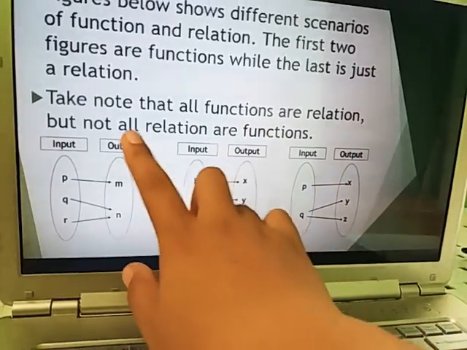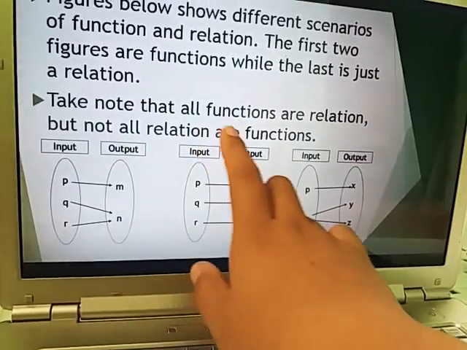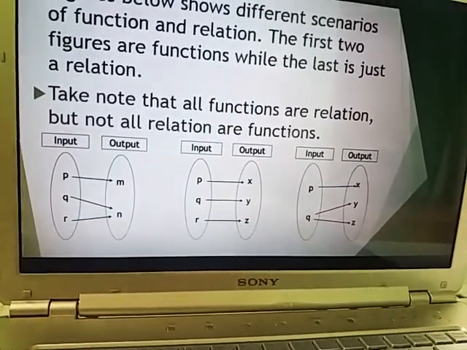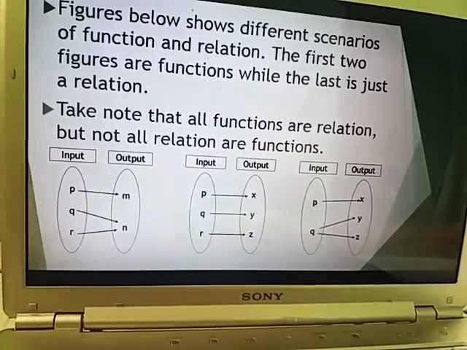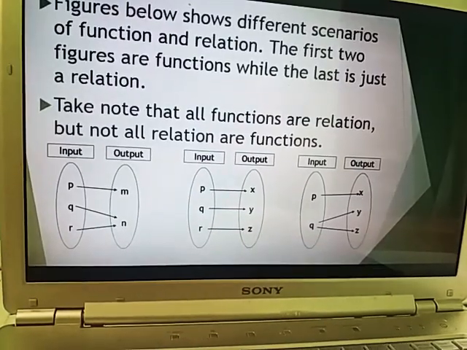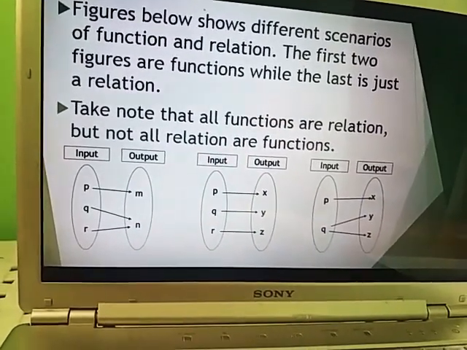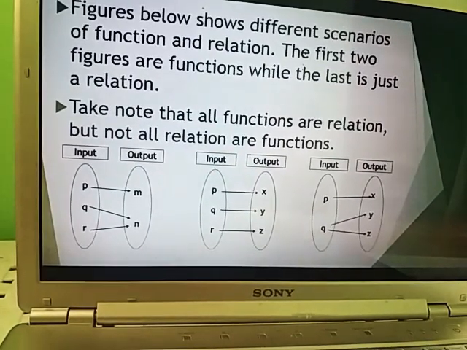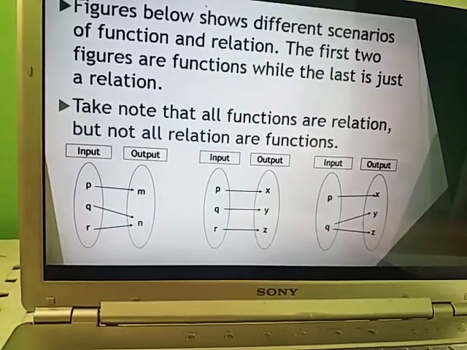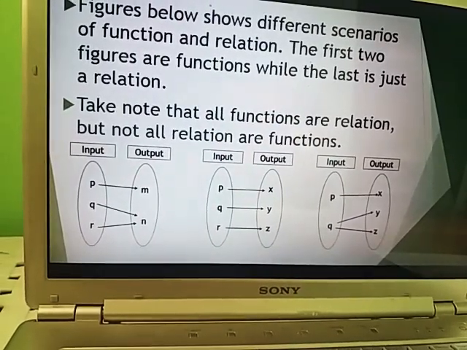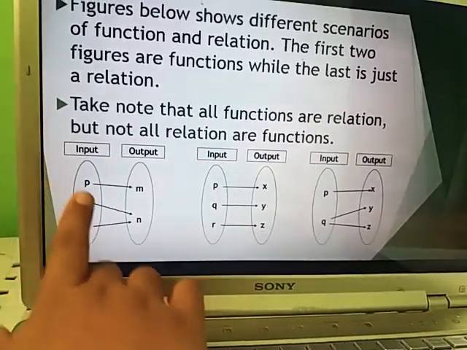But, not all relations are functions. So, ito yung sinasabi niya. Lahat ng function, masasabi nating relation. Pero, hindi lahat ng relation ay function. Okay, parang relationship lang yan. Hindi lahat ng relationship nagpo-function. Tama? Oh, hugot-hugot din siya.